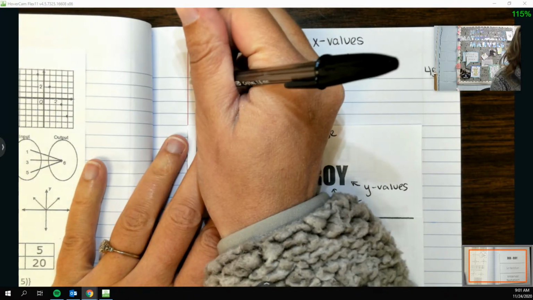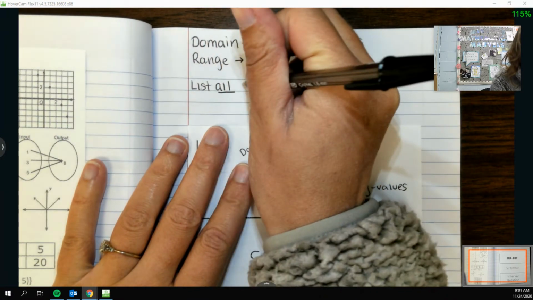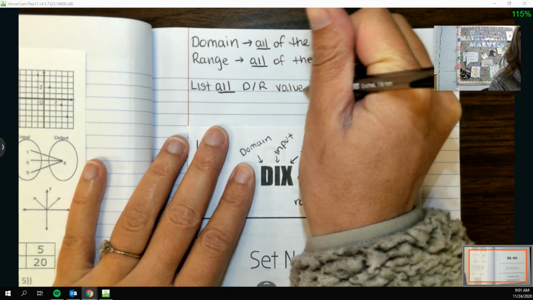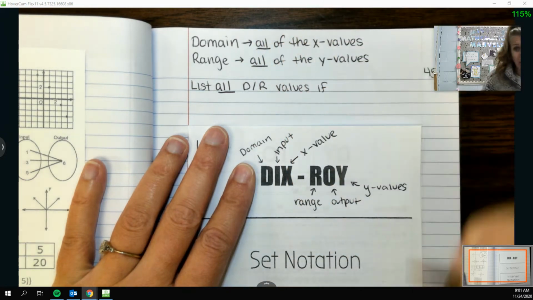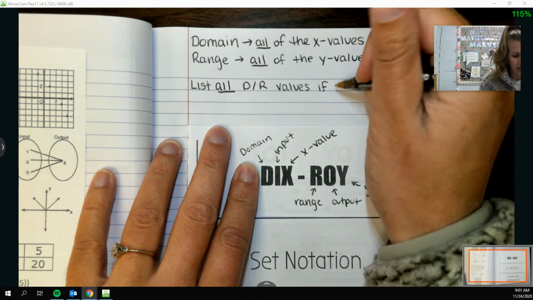Now, when it comes to knowing all of them, sometimes that is really easy to just list. I can list all domain and range values if my function or relation is discrete.